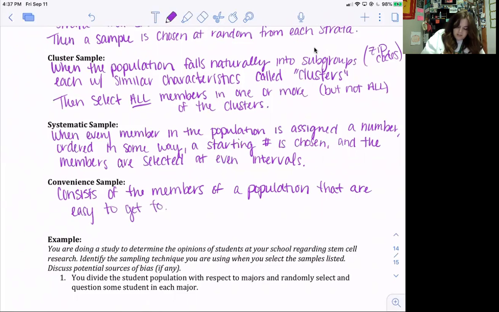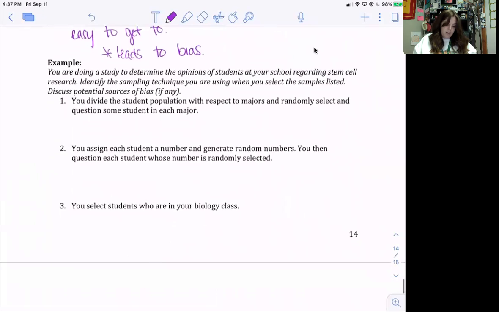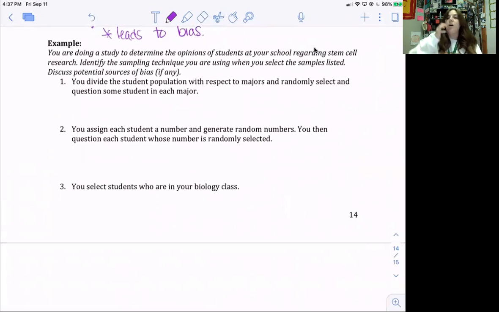Okay. And convenience sample, this is usually going to lead to bias. Okay, so I want you to try these 3 examples and then we will talk about them in class.